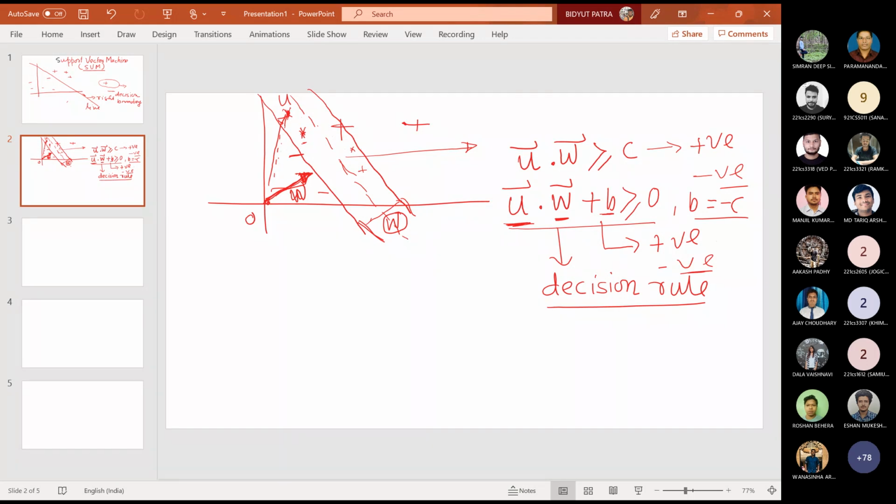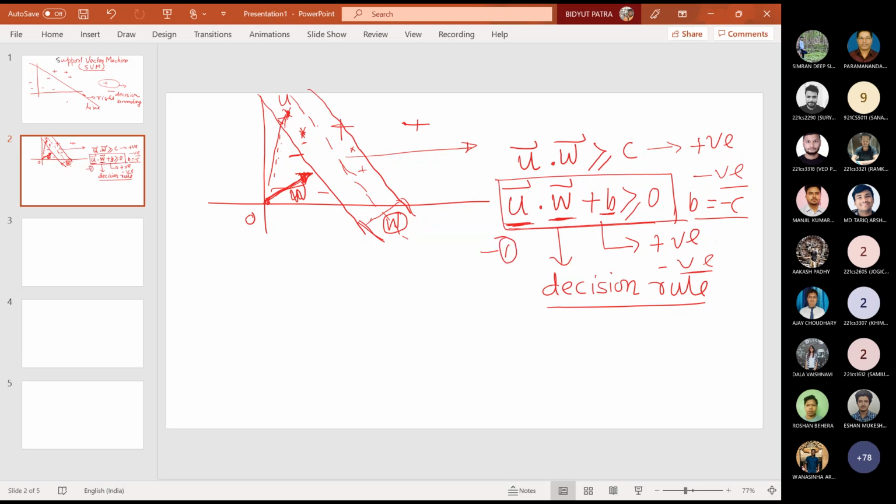Once we get this w and b, then we are done. That is the task of the support vector machine. Once we get them, we just plug in the value of u and take a dot product, and if the value is greater than 0, then we say it is a positive sample, otherwise it is a negative sample. This is the decision rule, and we can give it equation number 1 here.